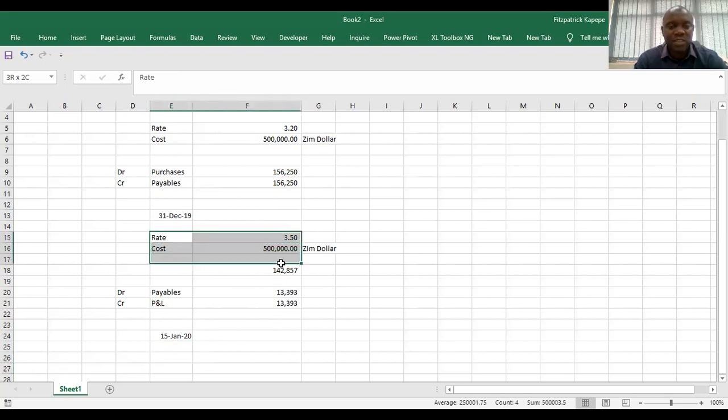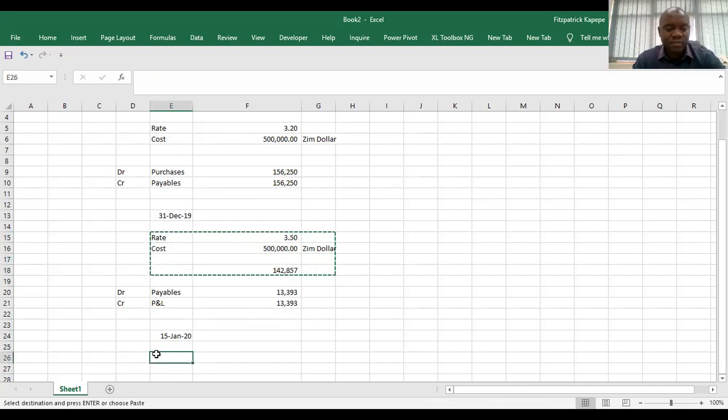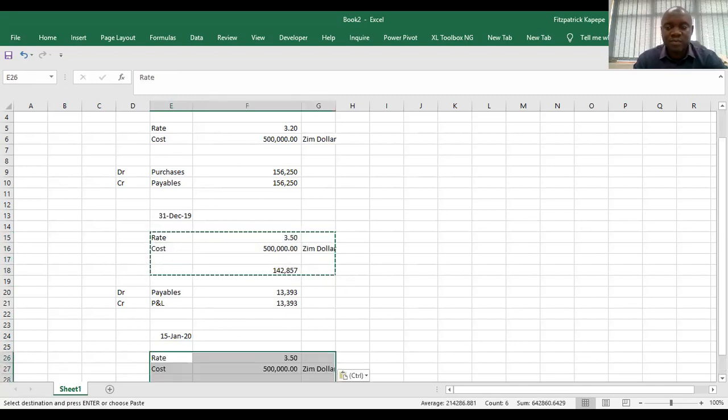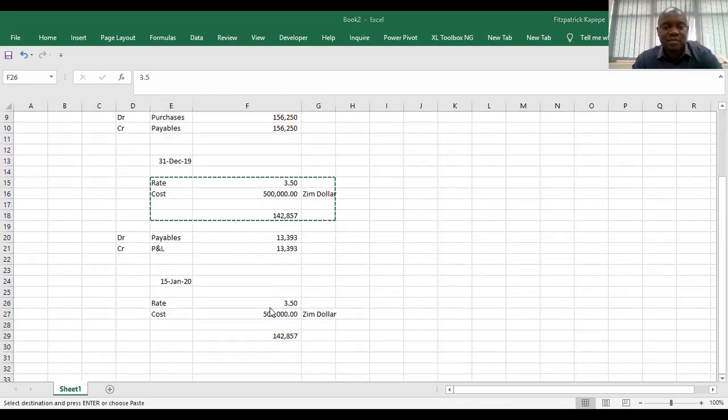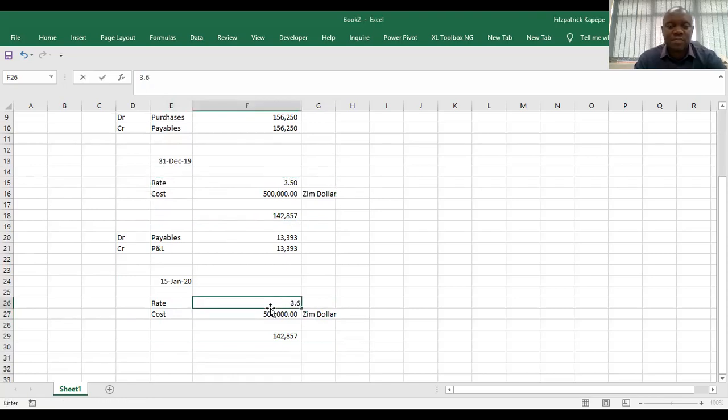Again, we'll pick that. What was the rate? The rate went to 3.6. So this is what will be paid.